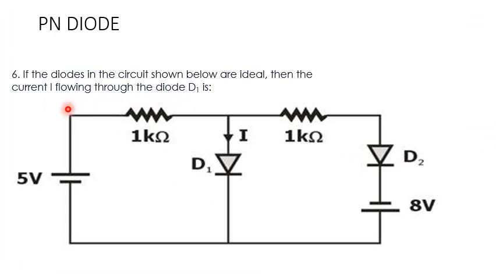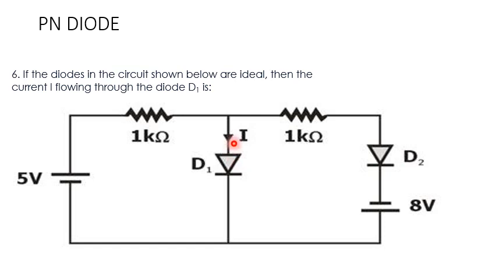Now see another question. If the diodes in the circuit shown below are ideal, then what is the current I flowing through the diode D1? Whenever they say it is an ideal diode, during forward bias it will directly conduct with zero resistance, and during reverse bias it will not conduct, with infinite resistance.